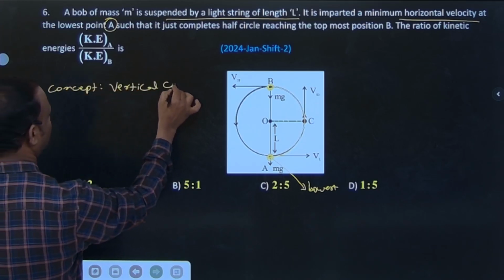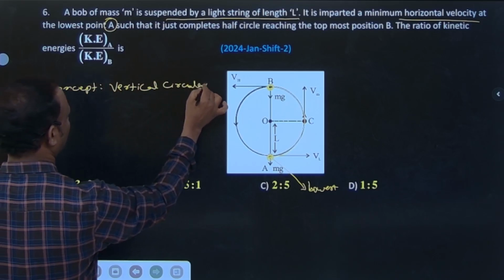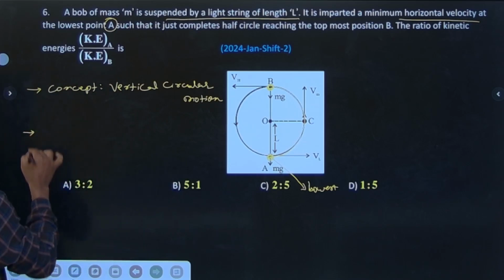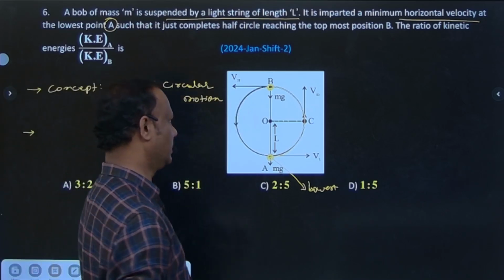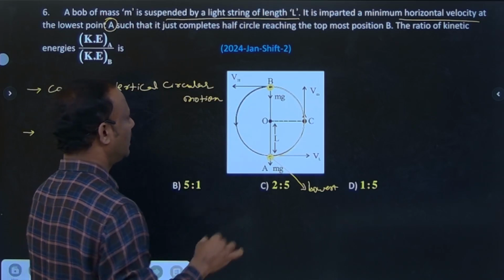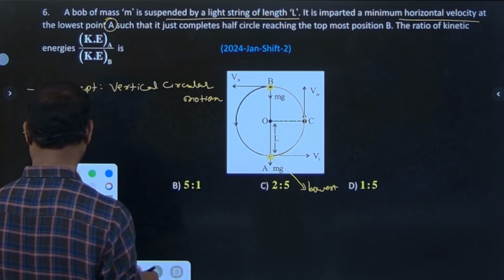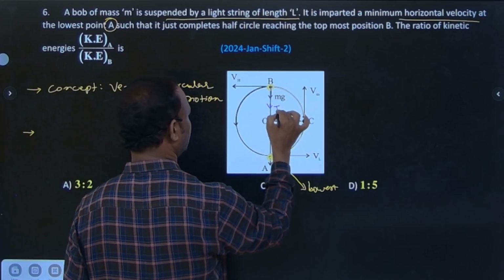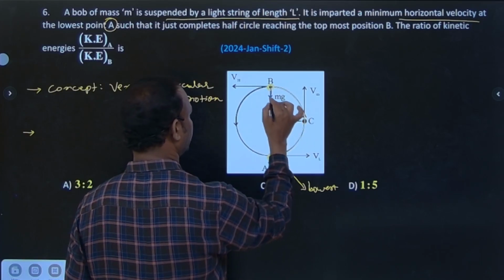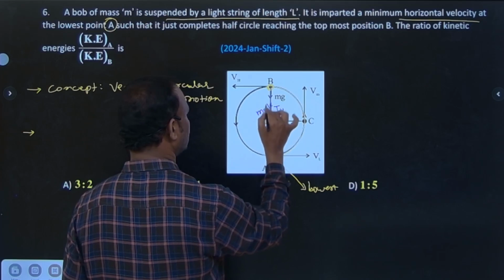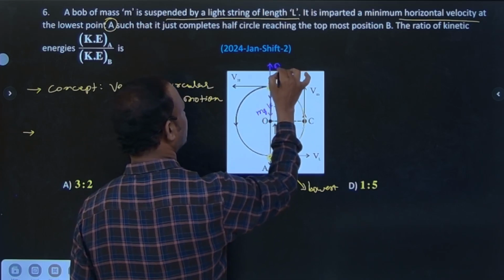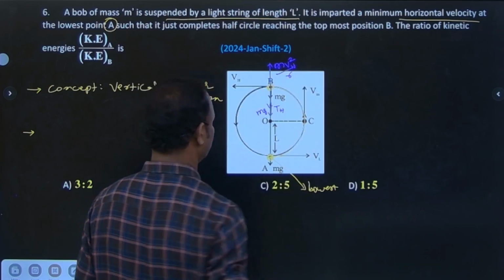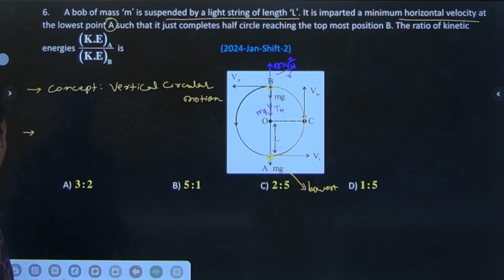Now from this vertical circular motion, at the point B, the tension at the highest point is T. Its weight is mg. The central force is m v square by r, where v is the velocity at the highest point, so m vH square by r.